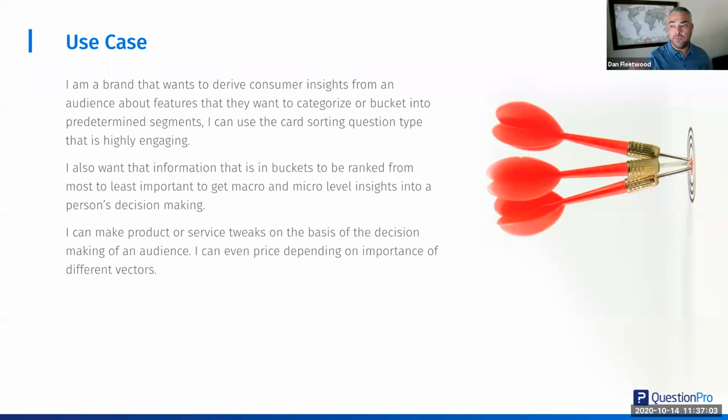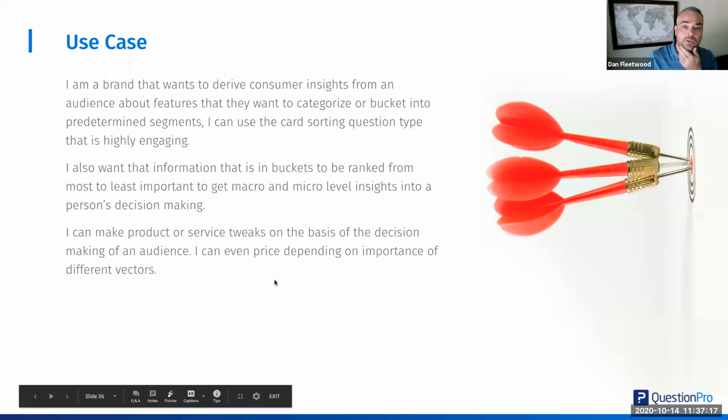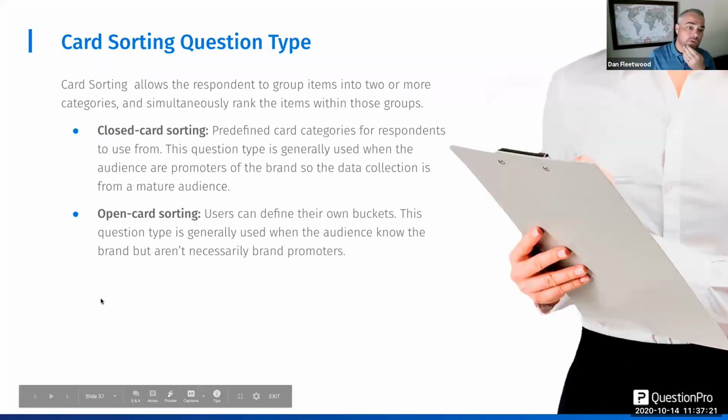Or let's say you're a restaurant and you're selecting a menu and you want people to categorize those different menu options. It could be anything where you know everything that you want, but you don't know how to categorize it. That's really, kind of thinking about card sorting at its core and really breaking it down. That's what you can really use it for.